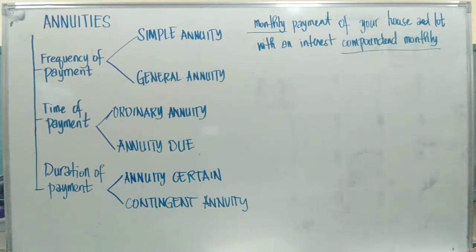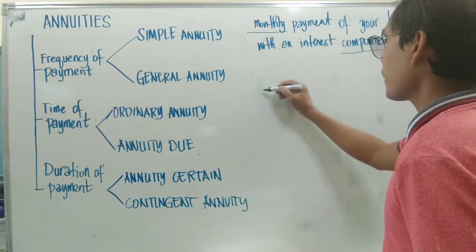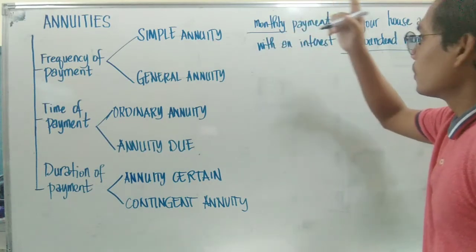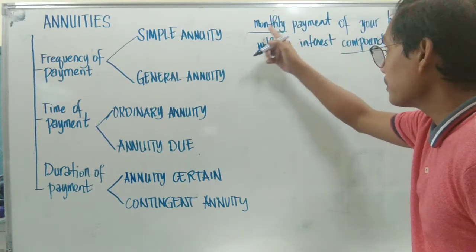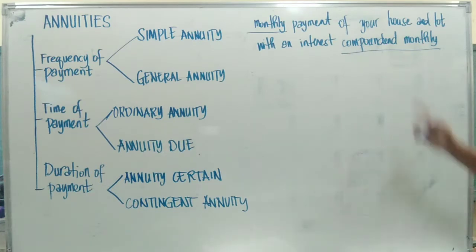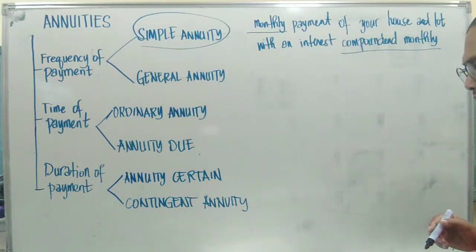Comparing the frequency of payment and your M, the compounding frequency or the frequency of conversion period, you are paying every month and the interest is charging every month also. So it will be a simple annuity.